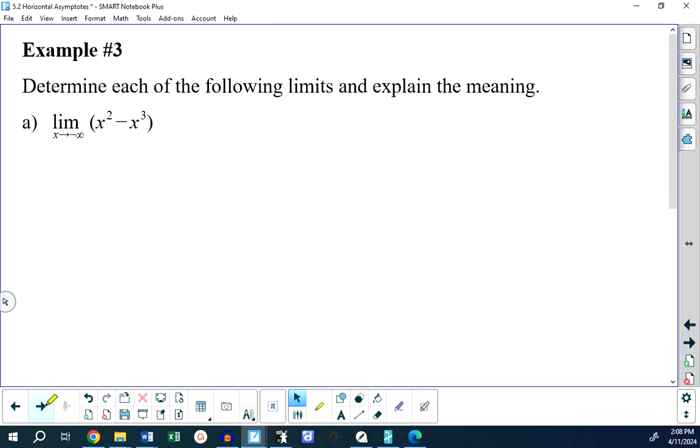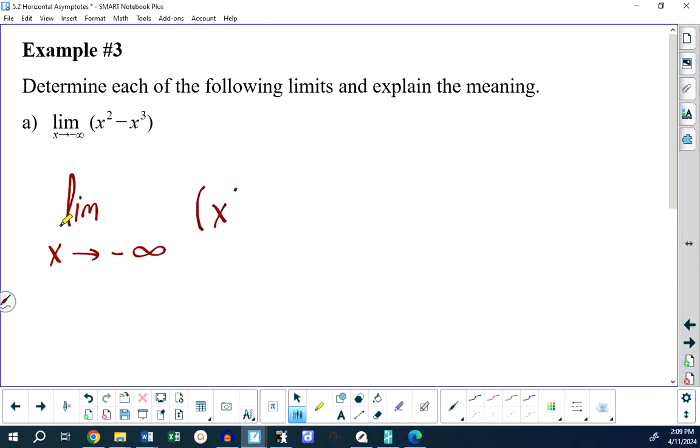How we find this limit is we want to factor the argument of the limit. So this is the limit as x approaches negative infinity. And we can factor this into x squared and 1 minus x. Now, there are x's in all of these factors.